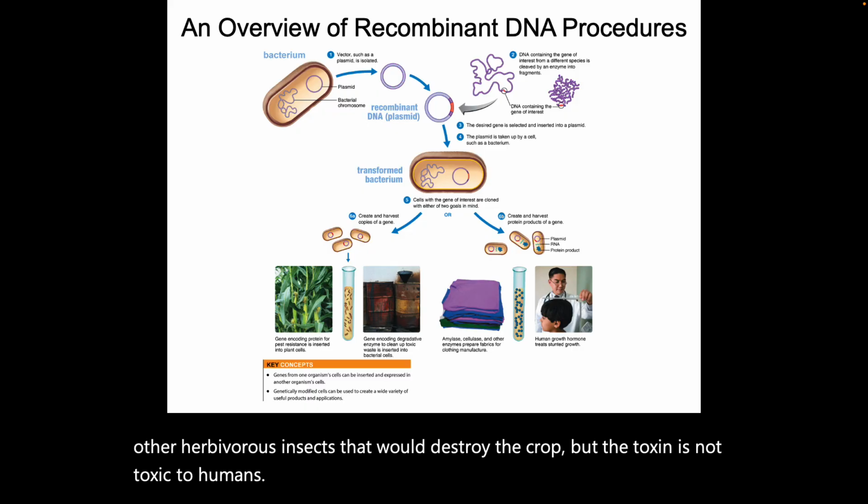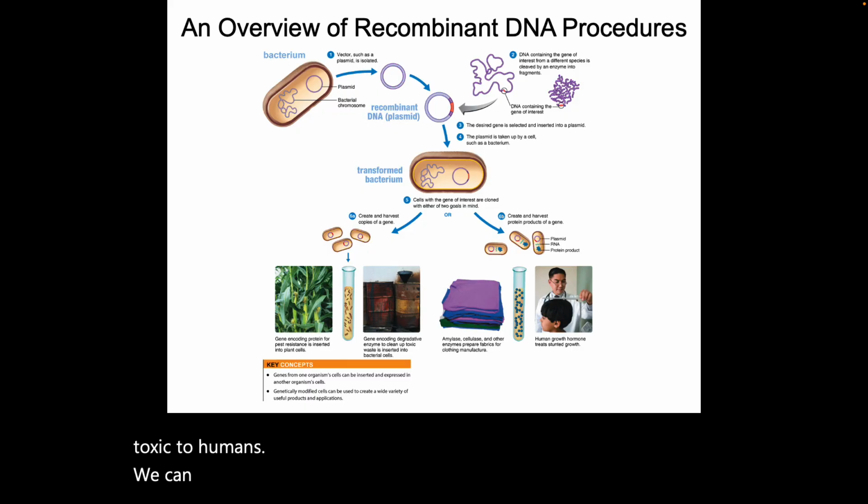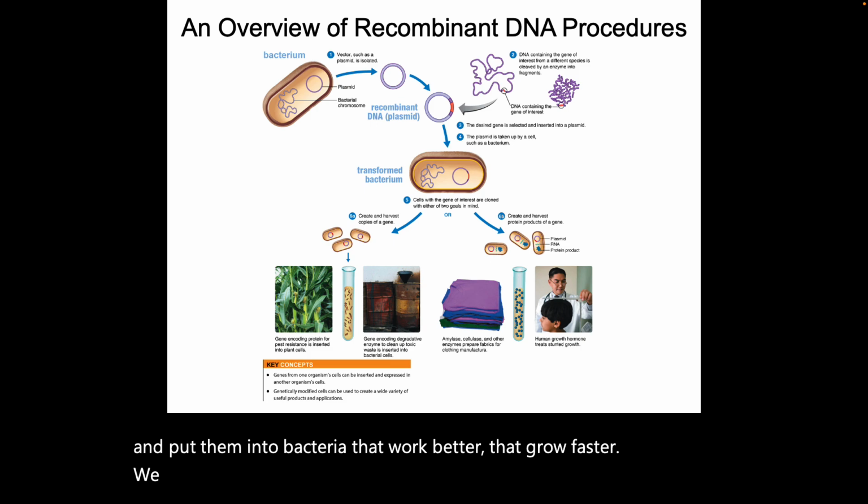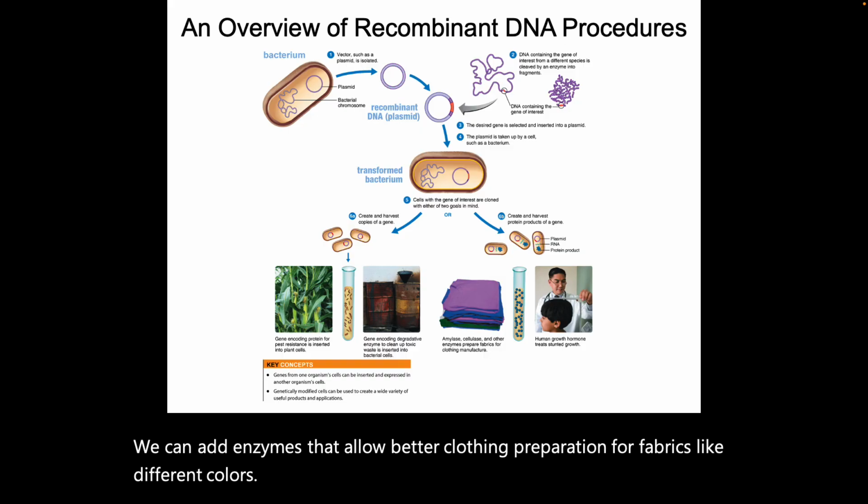We can take enzymes that we know help bacteria degrade hydrocarbons and put them into bacteria that work better, that grow faster. We can add enzymes that allow better clothing preparation for fabrics, like different colors, different fabric processing.